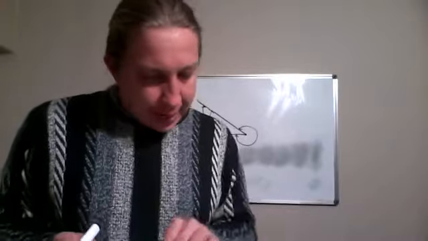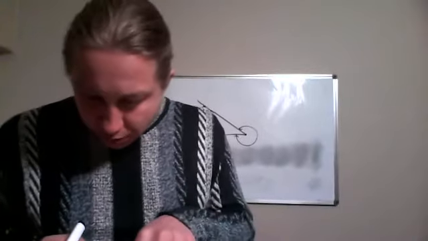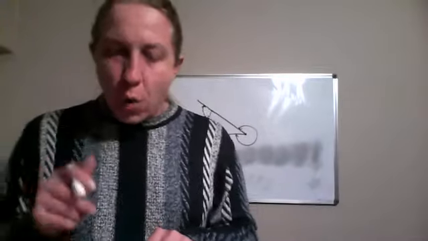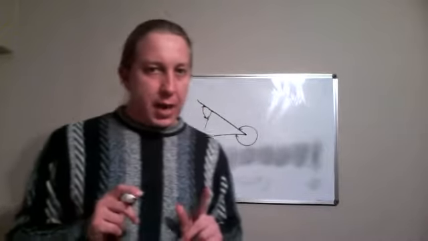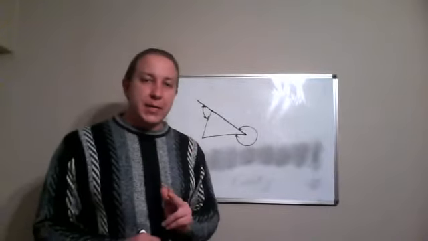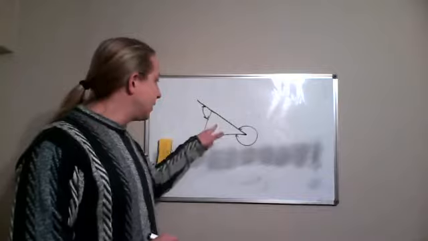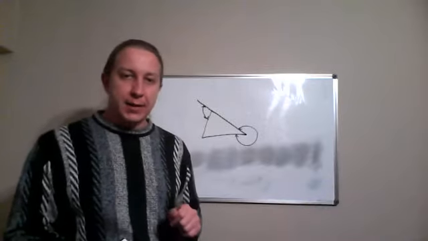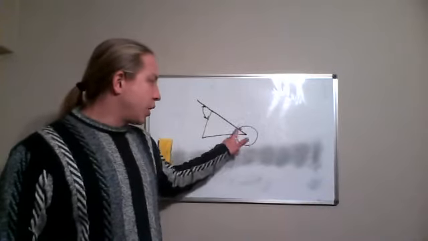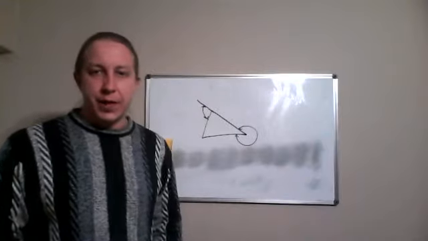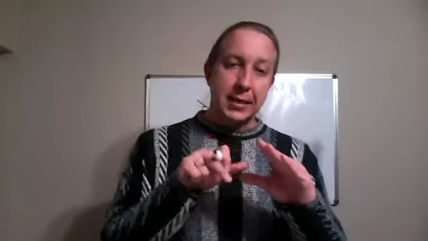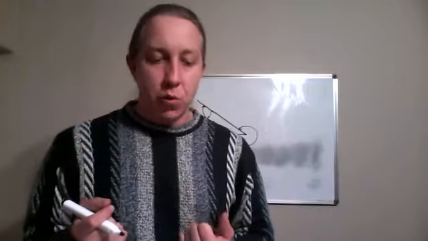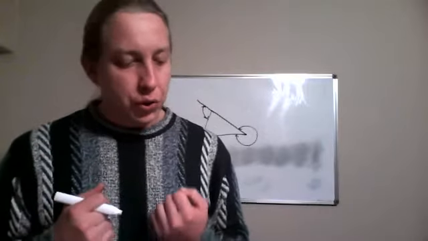A reflex angle is defined as an angle between 180 and 360. Therefore a triangle inside cannot have a reflex angle. But outside, we could have a reflex angle over there. But I think they're referring to the angles of the triangle being inside of the triangle. Since remember, all the angles add up to 180, we can't have one angle being more than 180 because it takes up the whole total.